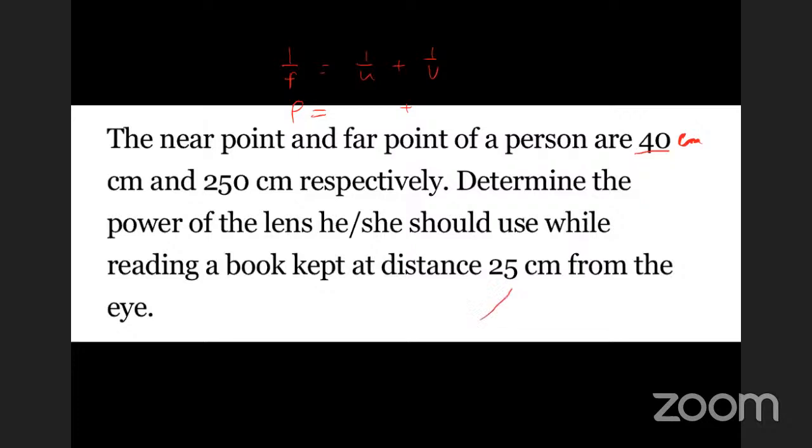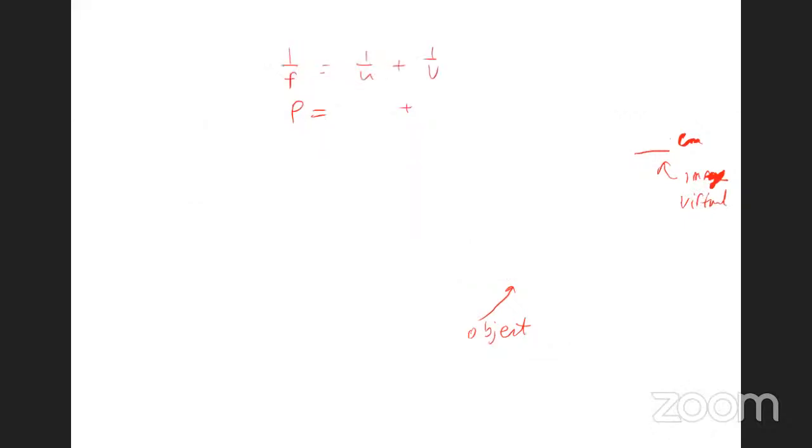Right, so what that means is here's what they want. They want to put the object at 25 centimeters. So what that means is that the image, which is virtual, is formed at 40 centimeters. That's okay? So your object is at 25 centimeters. So let's convert that to meters one time, because we're working out P, right?